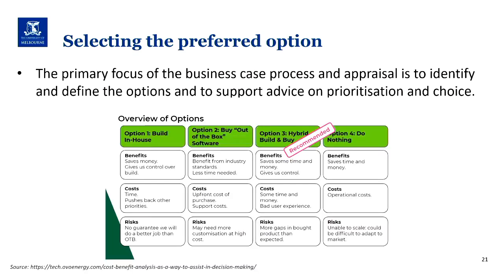So here is just a representation of these options. You have different options. You have the different benefits, the different costs, and the different risks for each one of these options. And then based on that, you need to choose one of them. So which one is the best? And based on these three criteria, right? So in this case, it's just text. You cannot really define which one is best because it's just text, but we need to use numbers.